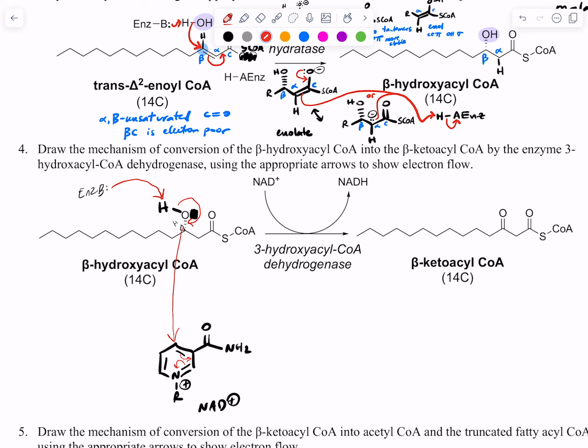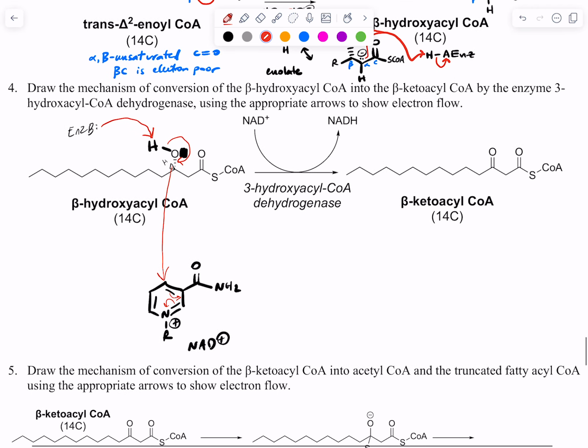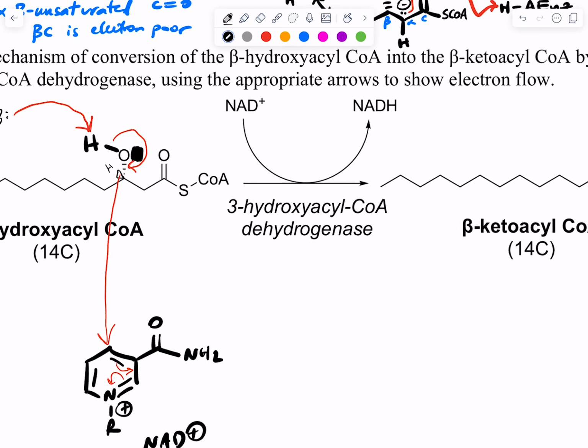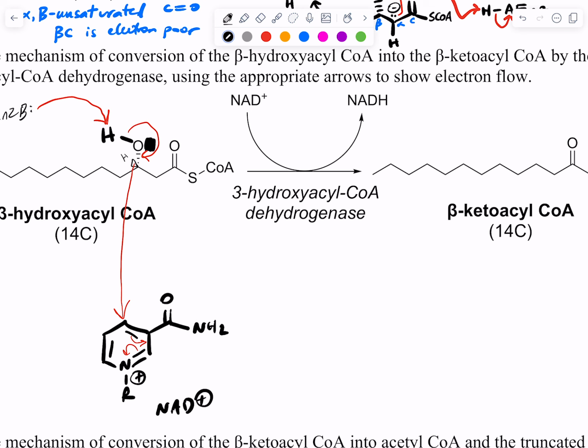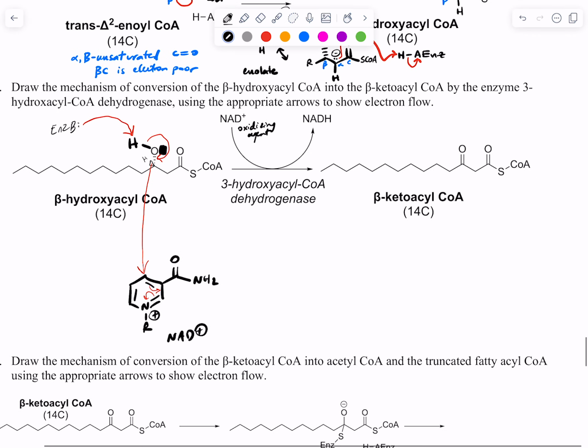Okay, any questions about that? So your standard NAD plus enabled oxidation reaction, just to point out, NAD plus is the oxidizing agent. The beta hydroxy acyl CoA gets oxidized to form the ketone. You can tell that it's oxidized because there's one more carbon heteroatom bond in the product.